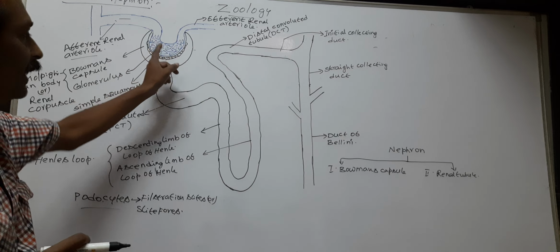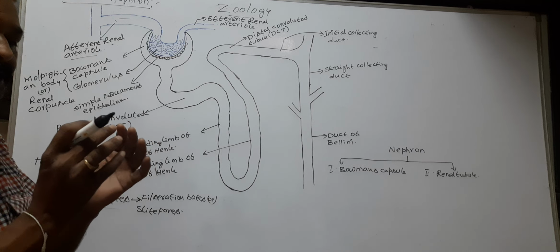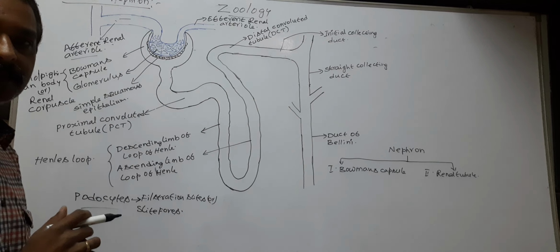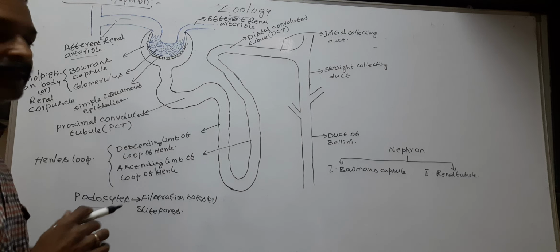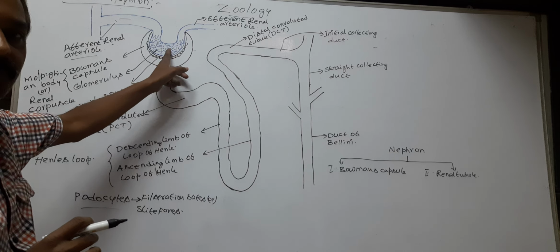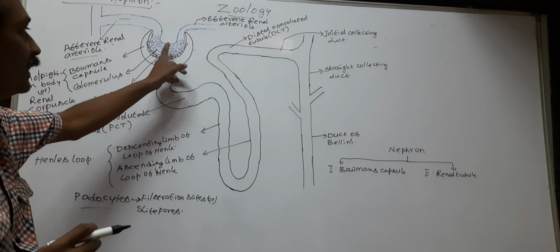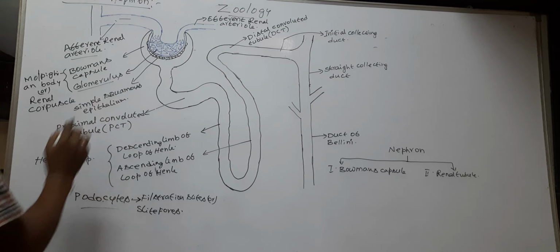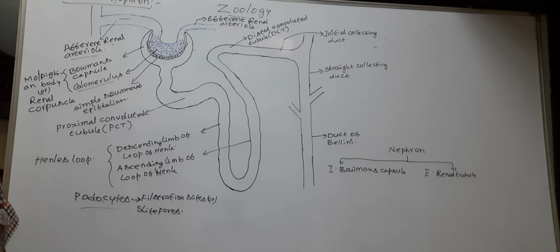The small blood capillaries form a net-like structure in the Bowman's capsule. This net-like structure of blood capillaries in the Bowman's capsule is called glomerulus.